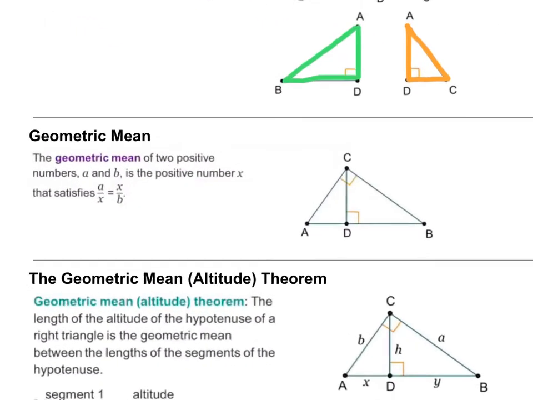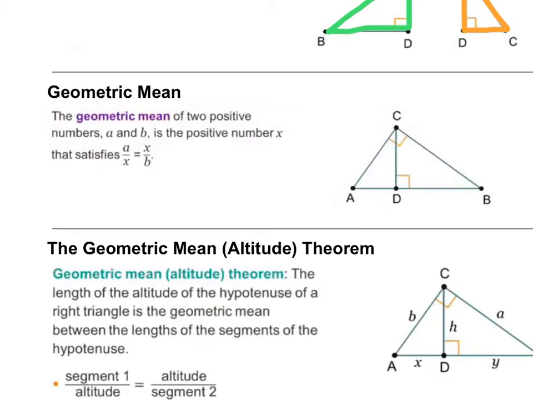So now let's quickly talk about the geometric mean. The geometric mean of two positive numbers, A and B, is the positive number x that satisfies this proportion here.